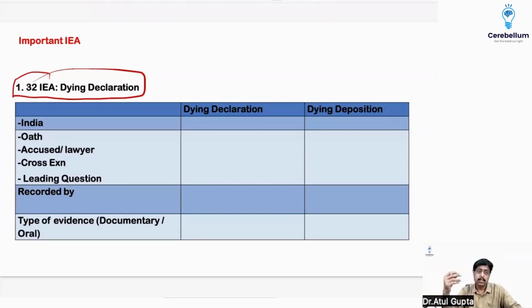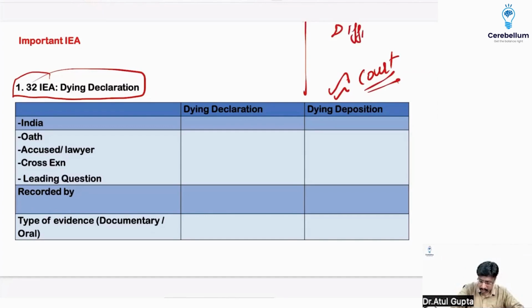But sometimes, if you try to do all these things, then it is called dying deposition. So dying deposition is when you create a court-like atmosphere, even when the person is dying. It's a very difficult task, almost a hypothetical condition.